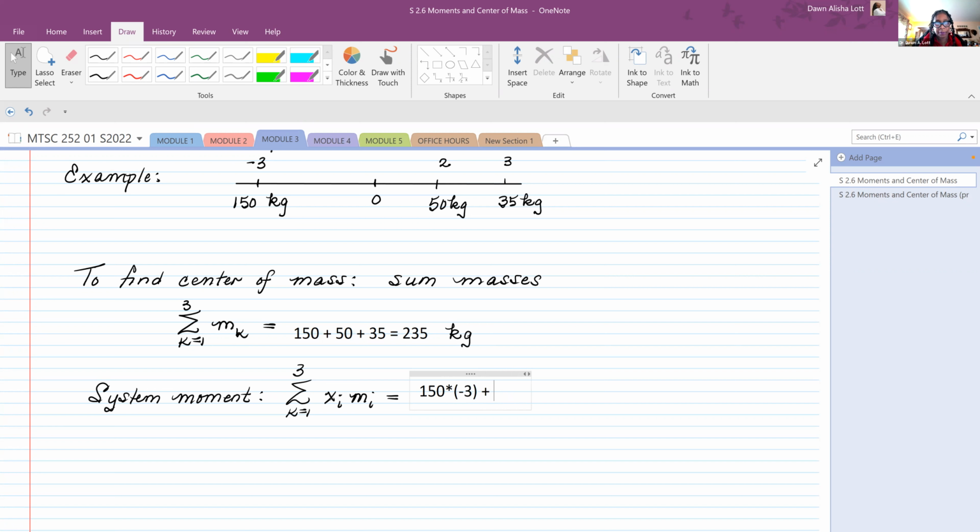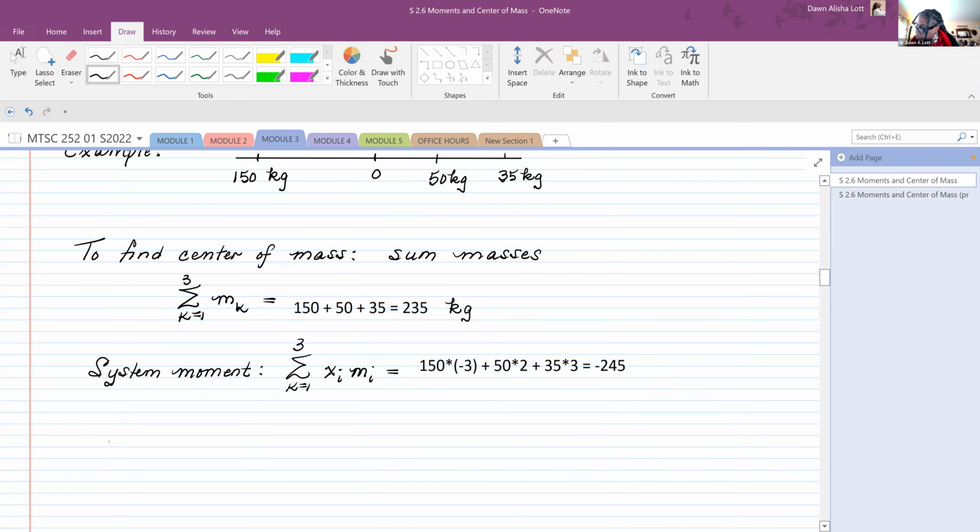Plus 50 times, and how far is it? Oh, it's at unit 2. Plus 35, and it's at location 3, so I get -245.